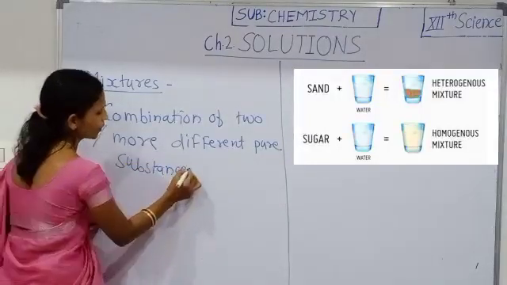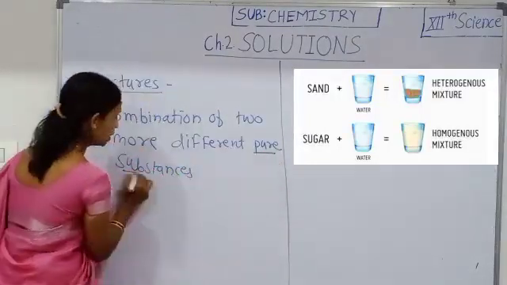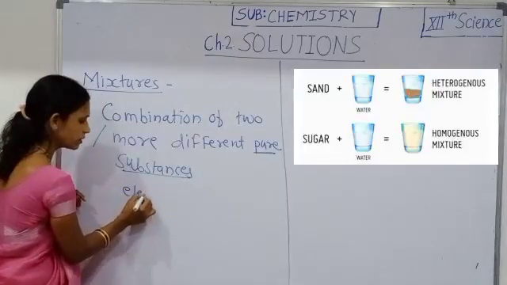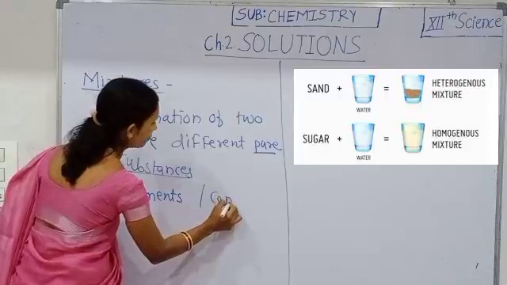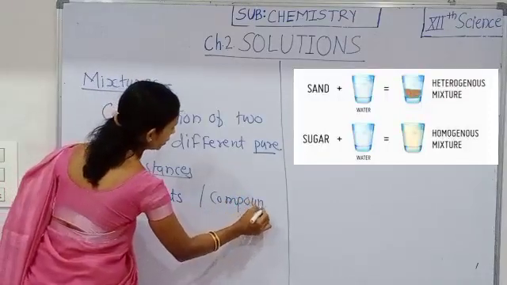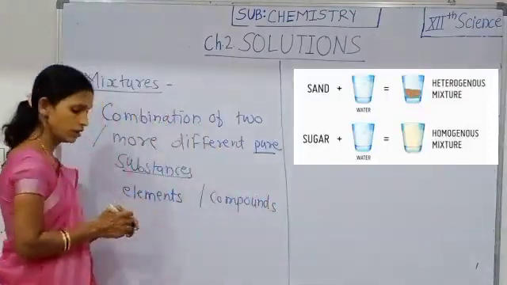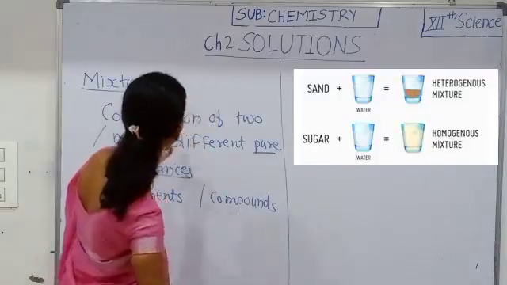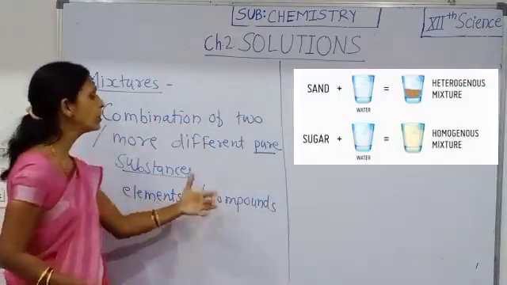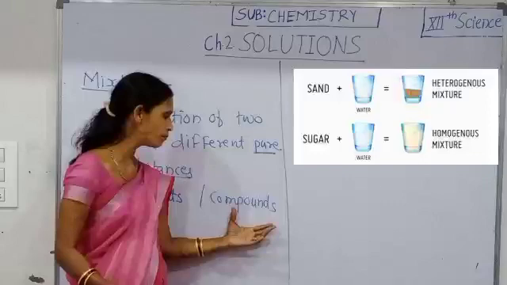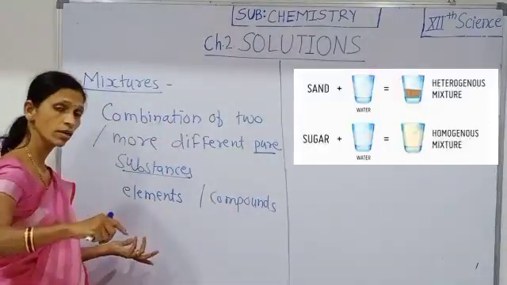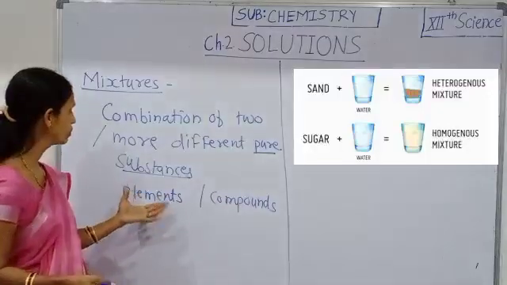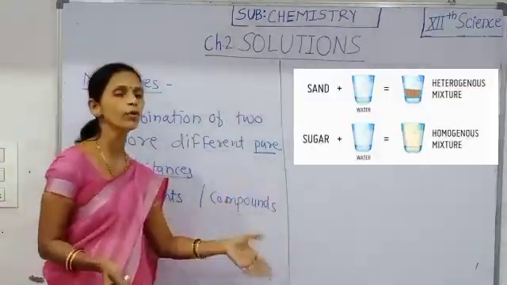Then see here, a pure substance may be an element or it may be a compound. Mixtures are combinations of two or more different compounds, or two or more different elements, or a combination of elements and compounds.